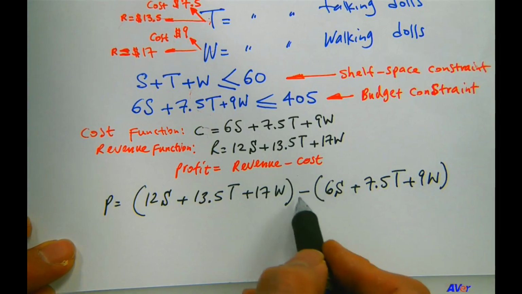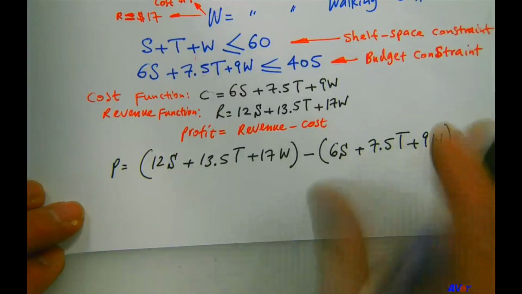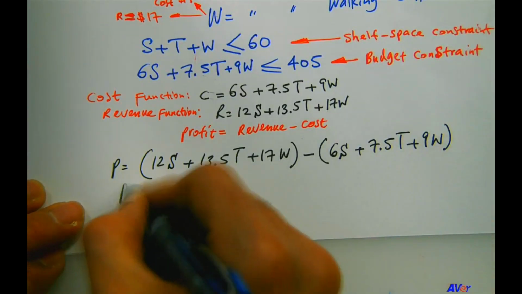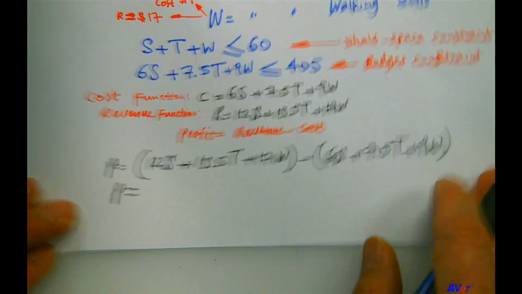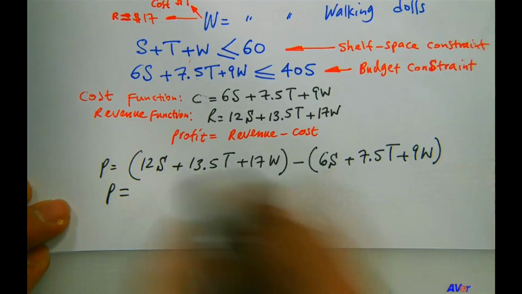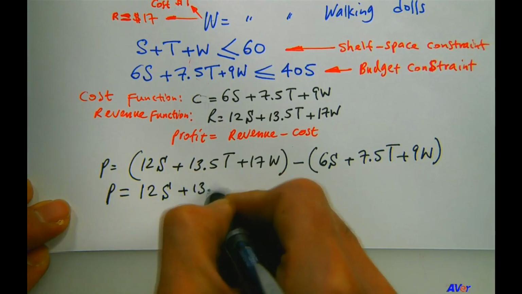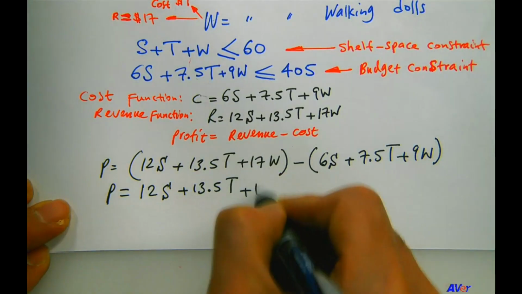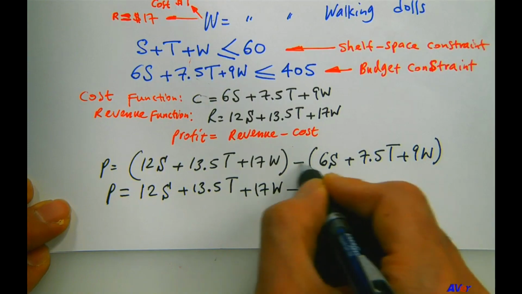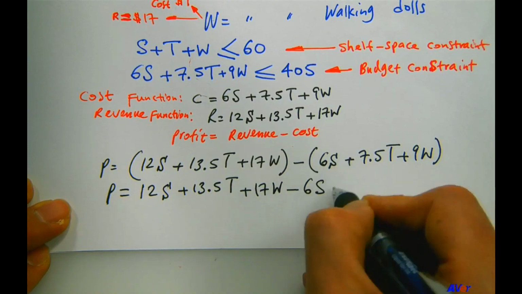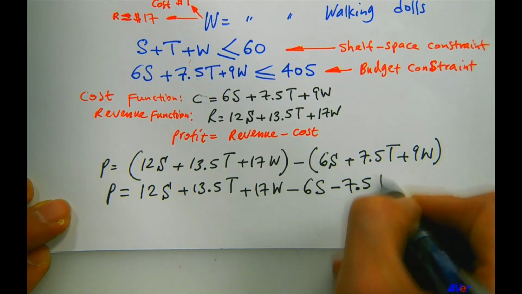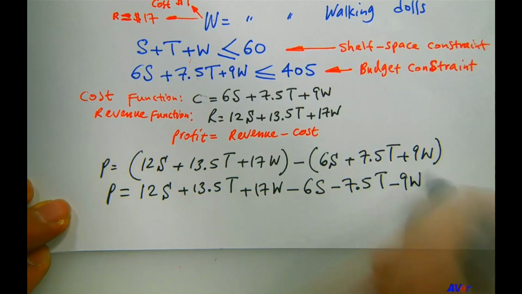So we need to distribute this negative into that and then do the algebra on this. So let's do that. So we have P equals 12S plus 13.5T plus 17W, distribute this, minus 6S minus 7.5T minus 9W, right?